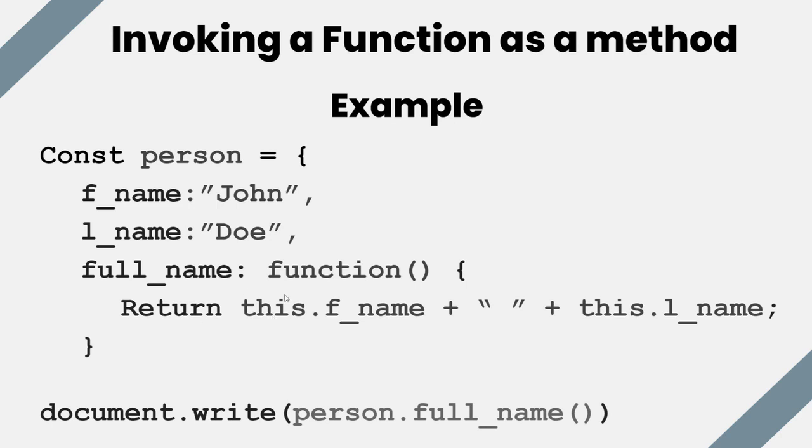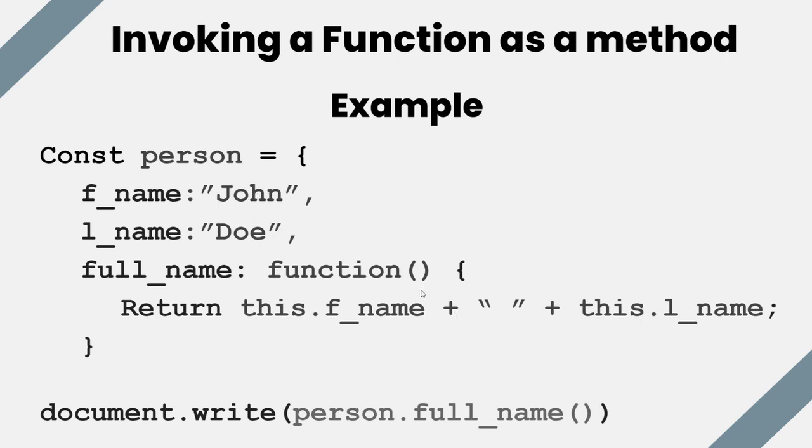Like I said before, the this keyword represents everything, the entire person object, irrespective of how many key value pairs the object has. So to make use of the one we want, we just attach the key name, and this will return the value of John.